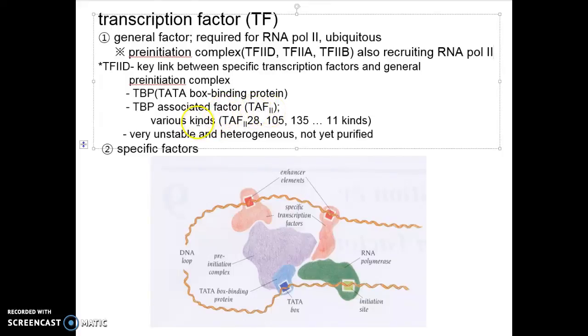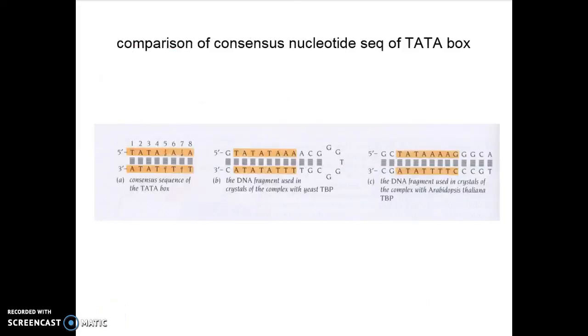There are many various kinds of factors in this category, but due to the instability and heterogeneity of this complex, details are not determined yet. The TATA box binding protein is critically important in initiation.